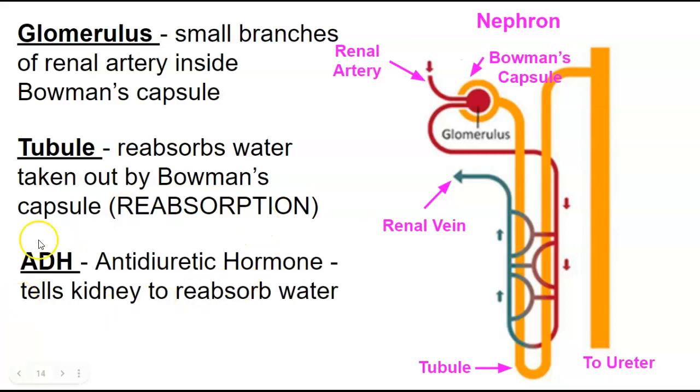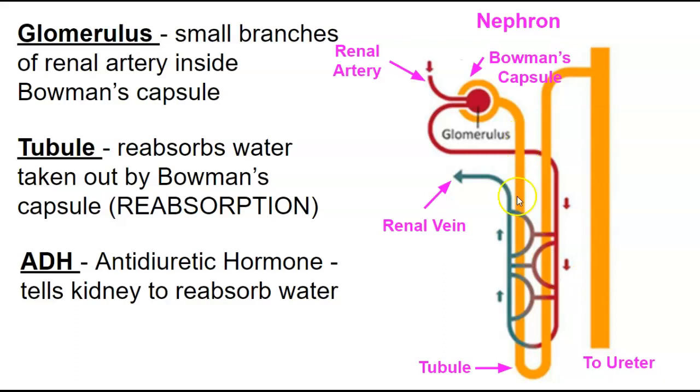So speaking of the brain, we have a hormone called ADH, anti-diuretic hormone. We'll talk about what a diuretic is in a minute. This tells the kidney to reabsorb water based on how much water you've got in the rest of your body, and a bunch of other things.